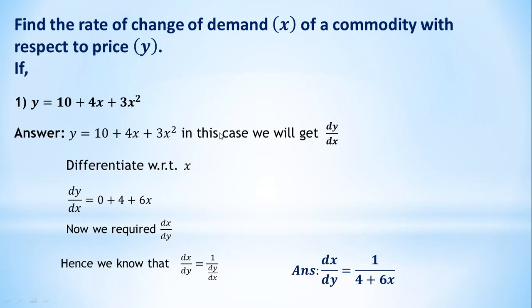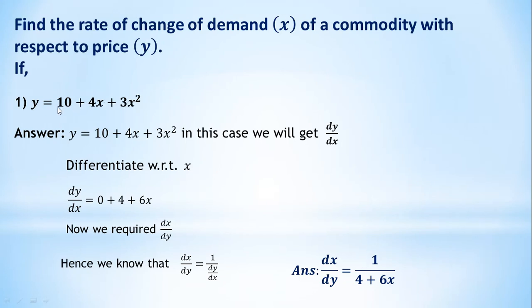After differentiating we get dy by dx. But as per this question we require dx by dy. So how will you get dx by dy? dx by dy is equal to 1 upon dy by dx. Hence dx by dy is equal to 1 upon 4 plus 6x. So this is the derivative of the inverse of the given function.